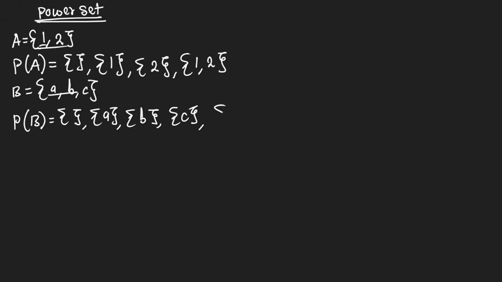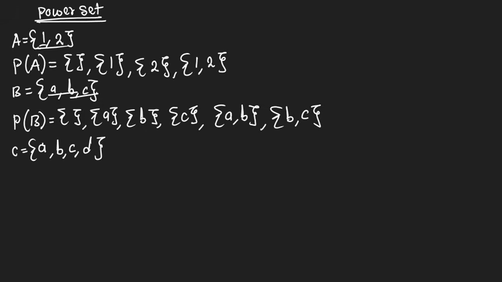Combine the two, A, B, then B, C. That is a power set of B. How about if C was given of this set? Let's say A, B, C, D. Sorry, I've forgotten one thing. I need to add the entire set, A, B, C. Then you are done.